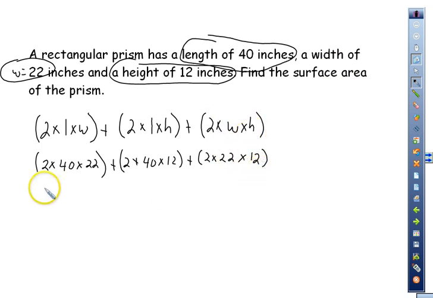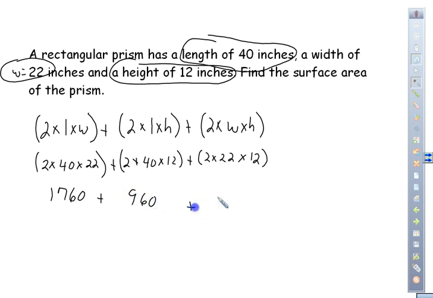Okay, so now we can multiply all those together, and you're going to get 80 times 22, which is 1760, and then 80 times 12, which is 960, and 44 times 12 is going to give me 528.